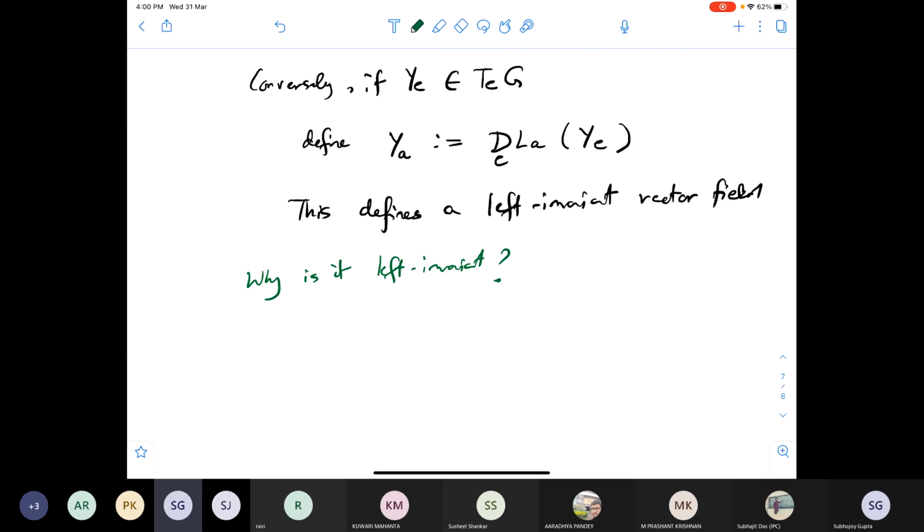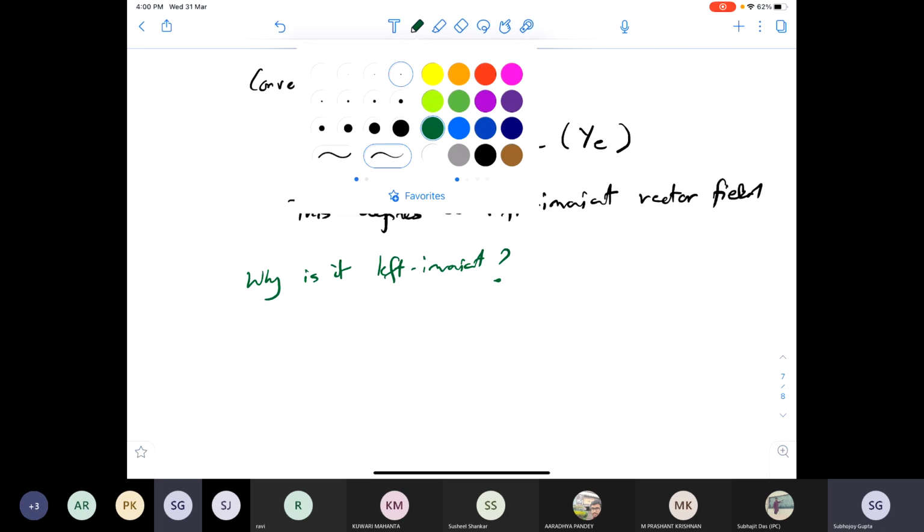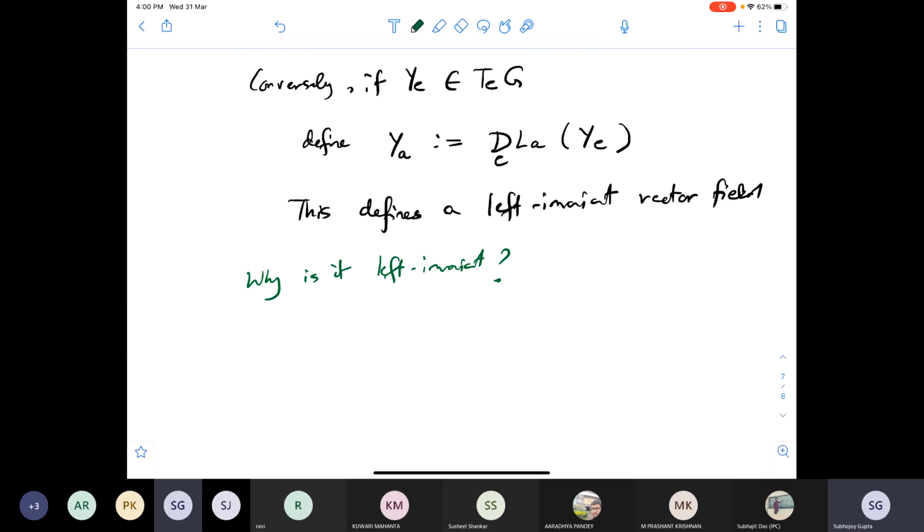What you want to show is that L_{AB} is L_A times L_B. Exactly.